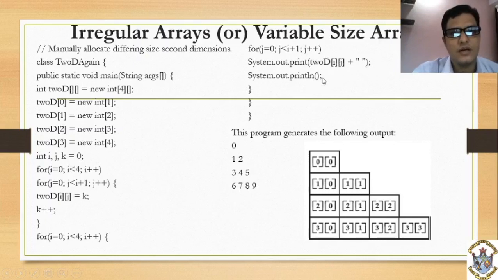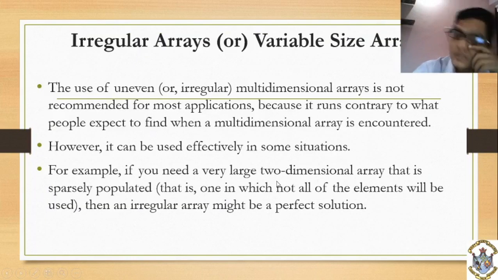And if the condition fails, automatically it comes to the new line. Got it? And you have to check how many opening curly braces exist and how many closing braces exist. Clear? Yes, here open, here close, here open, here close, here open and here close. Got it? Yes. So that is the use of irregular arrays.